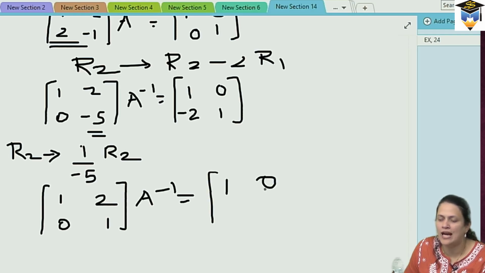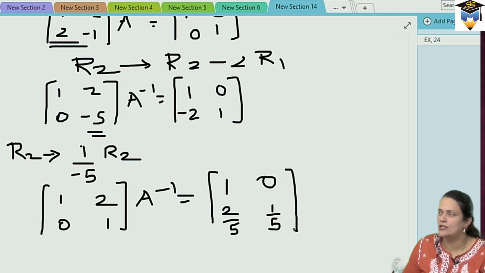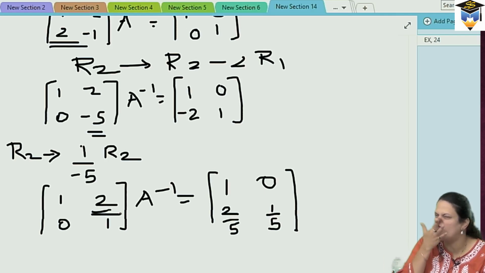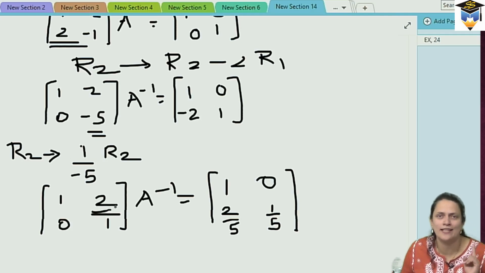So this is going to be 2 by 5 and this is going to be 1 by 5. On both sides you have to do the transformations. Now in this particular place, I want 0 to be there, so that this turns into an identity matrix, that is I.